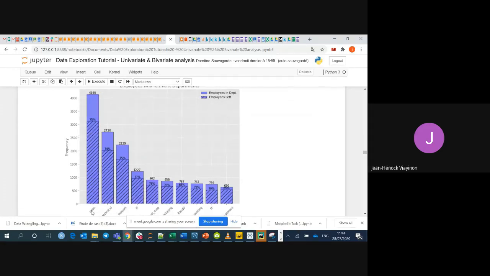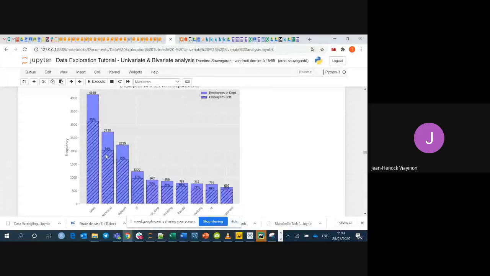So this is not so useful, but maybe if you look at the beginning, we could have some information: 74% of those who are here actually left, and 75% of those who are here actually left. So those two departments look the same.